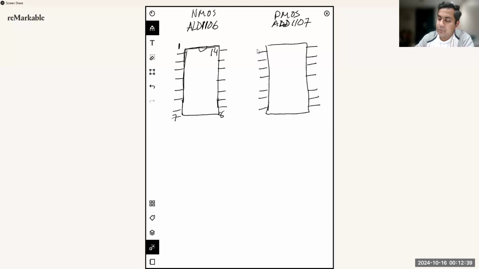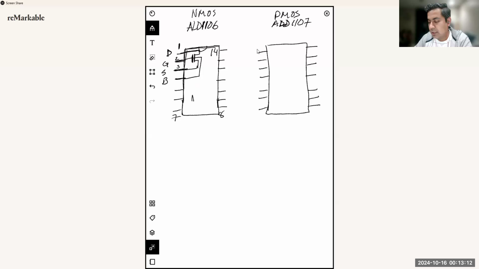All right. So the way it's connected internally is that you have one MOSFET over here whose drain is connected to pin number 1. Gate is connected to pin number 2. And source is connected to pin number 3. And the body is connected to 4. So there are 4 different NMOS in this one chip.